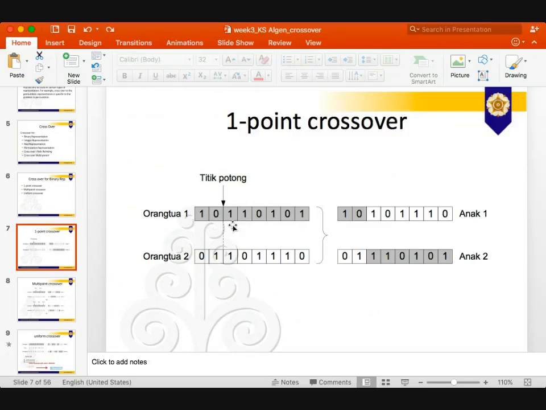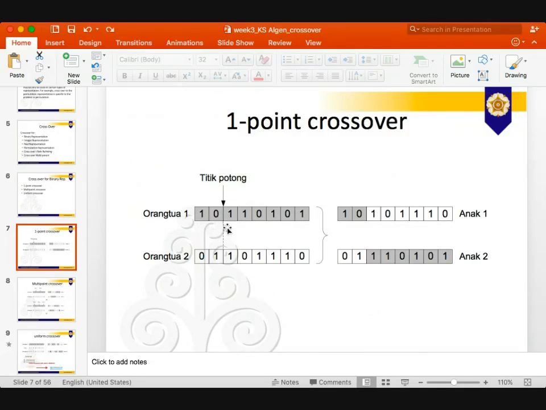And then the second step is we copy the genes of the parent 1 chromosome, from locus 1 until the crossover point.